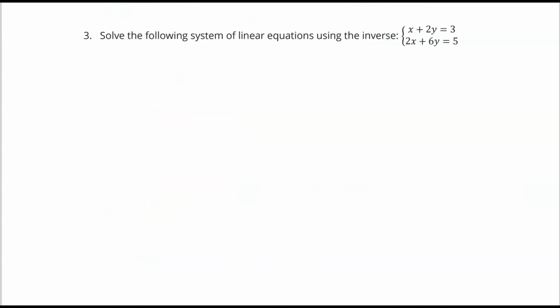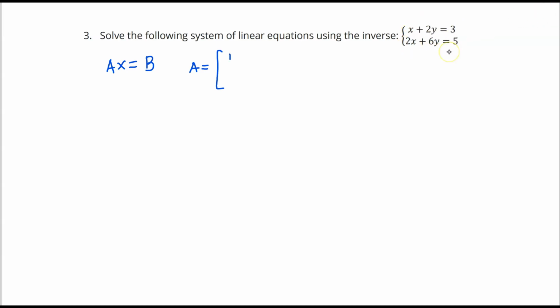Now let us consider another example. Now to solve the system here using inverse, we will have to write first the equivalent matrix form of the system. That is of the form AX equal to B, where A is the matrix of the coefficients of the variables in the system.